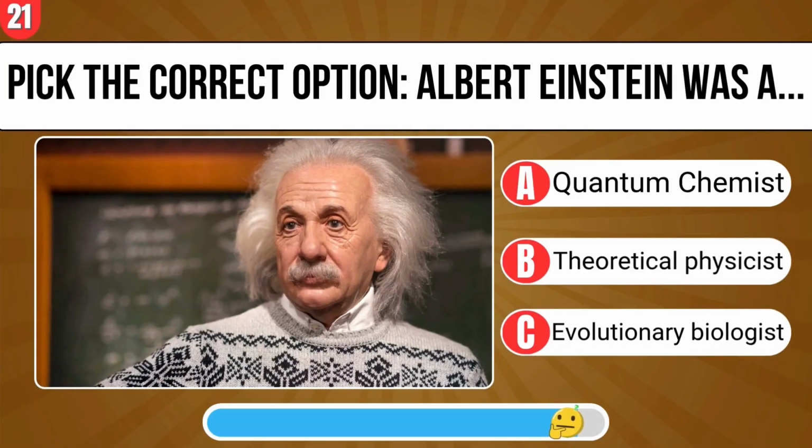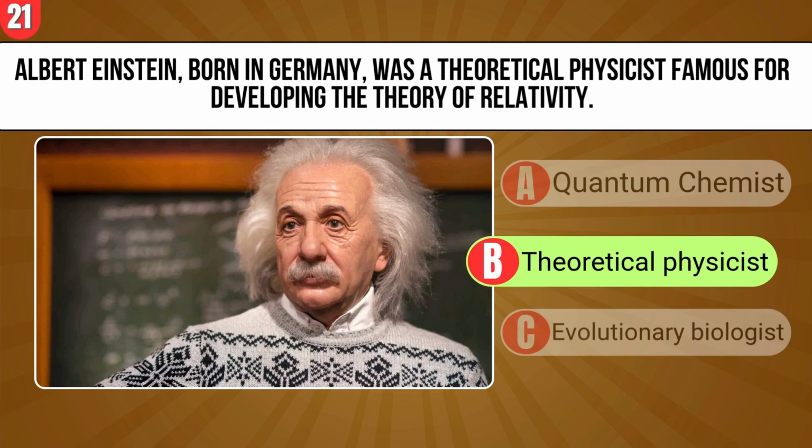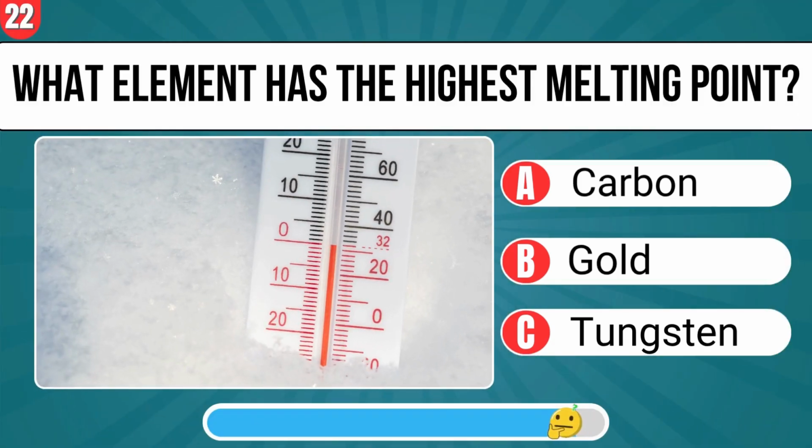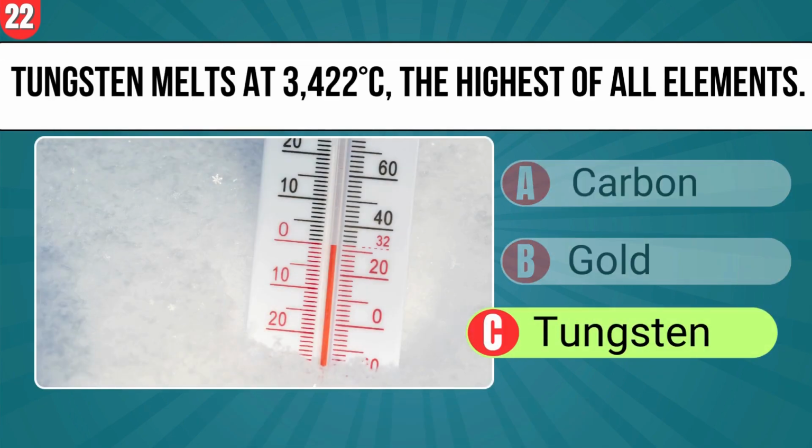Pick the correct option. Albert Einstein was a theoretical physicist. What element has the highest melting point? Tungsten has the highest melting point.